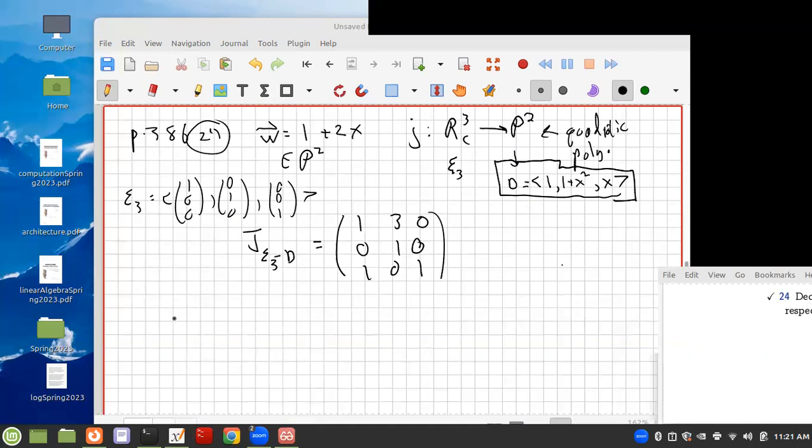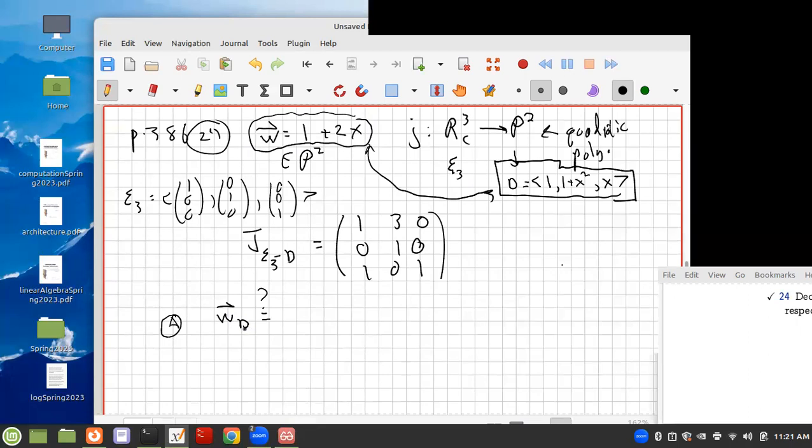So task A here might be: what is w with respect to D? In this basis, what's the representation of the vector w?